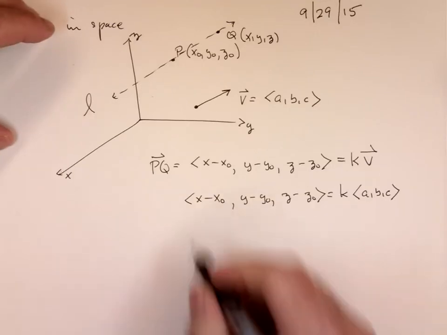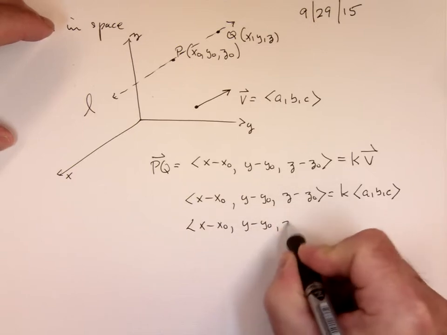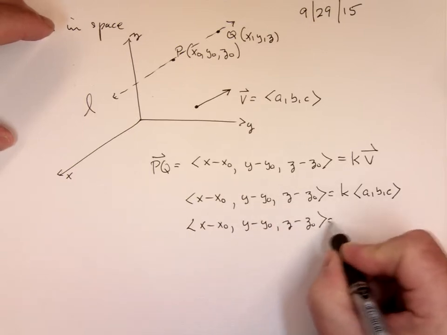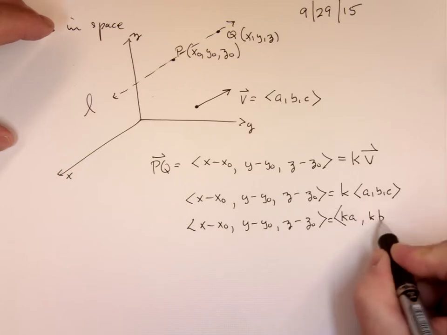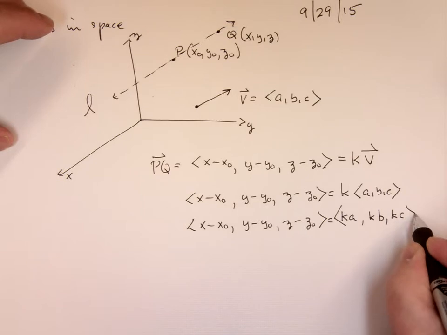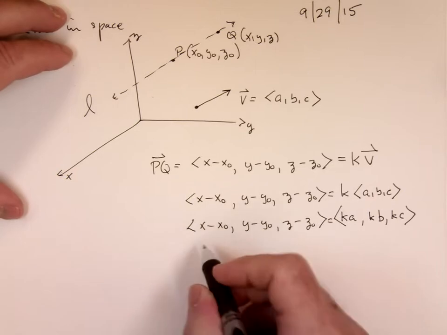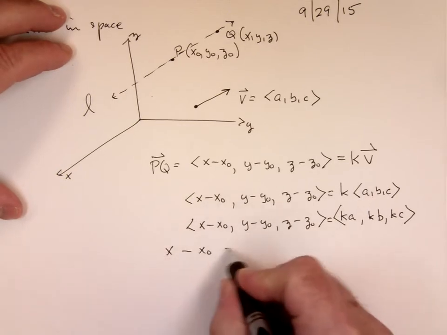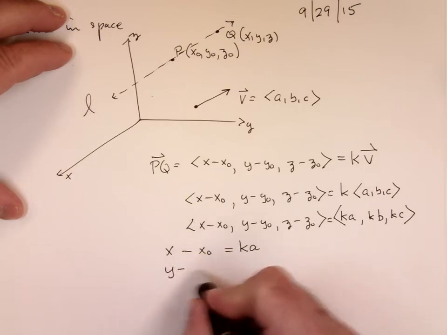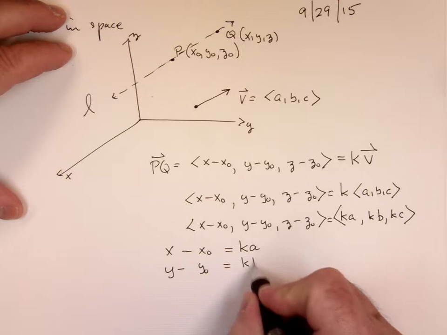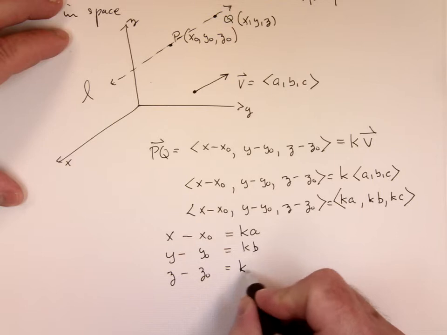If we multiply through by k, we get x minus x sub naught, y minus y sub naught, z minus z sub naught is equal to ka, kb, and kc. If these vectors are equal, it must be the case that x minus x sub naught is ka, y minus y sub naught is kb, and z minus z sub naught is kc.